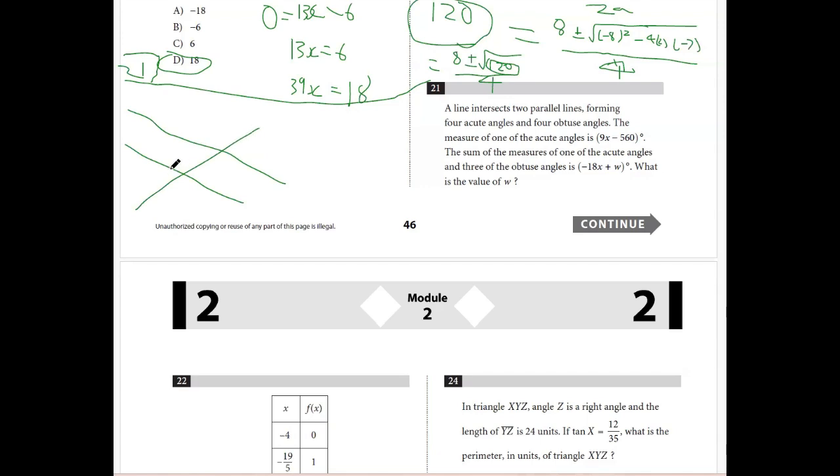We know that the acute angles are 9x minus 50. This is also 9x minus 50. I'm gonna write this as for acute, and for obtuse, we don't know the obtuse angle, so I'm going to just write this as y. So these y's are all the same.